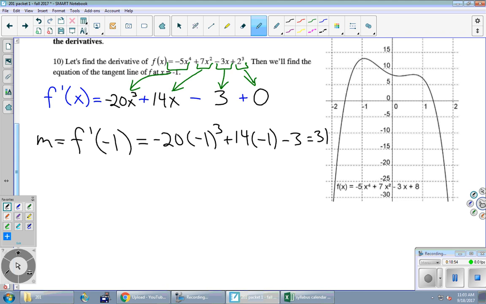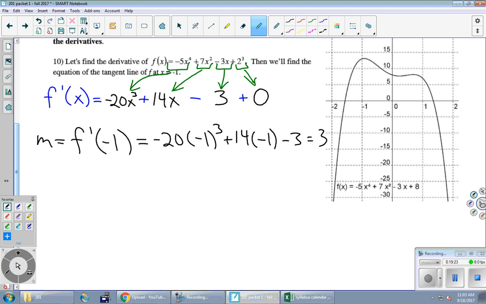Okay, so that 31 is the slope. Something is not right. What did I do wrong? Oh, it's 20 minus 14. It is 20 plus 14. My fault. Oh, I mean, good catch. So what is it? All right, so the slope there is 3.